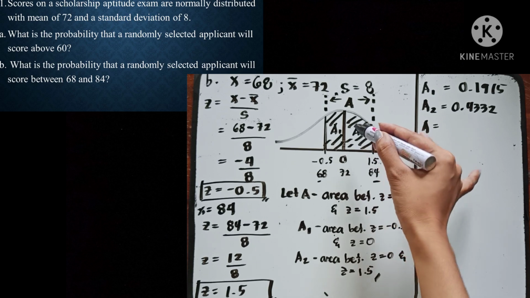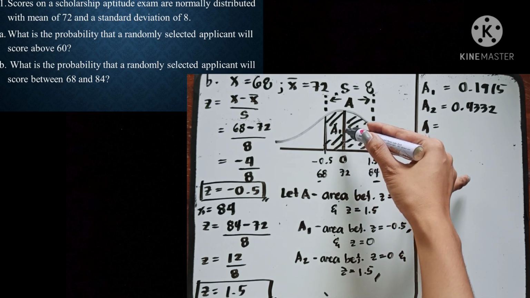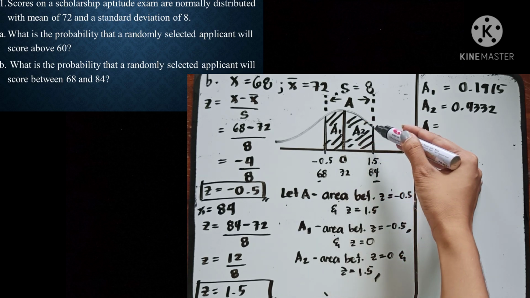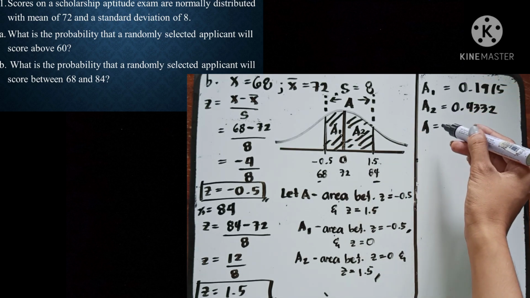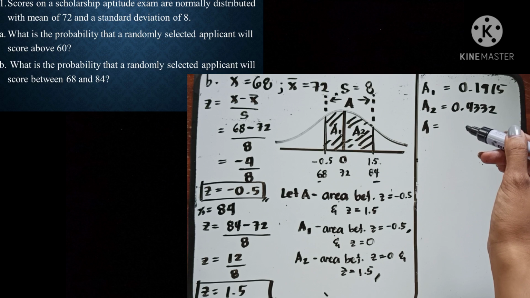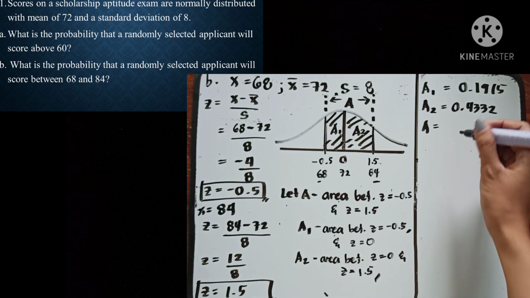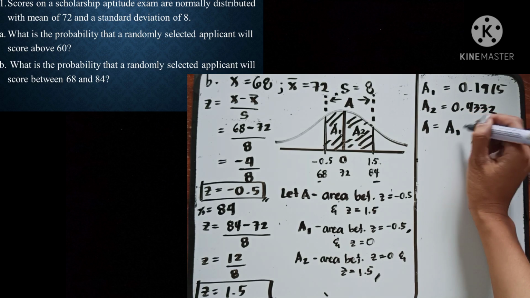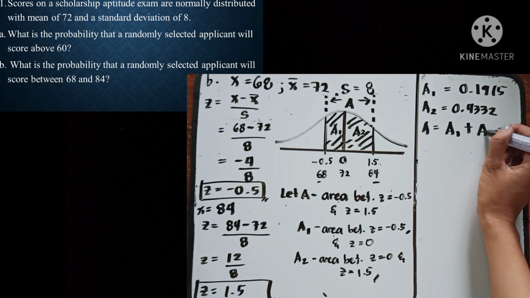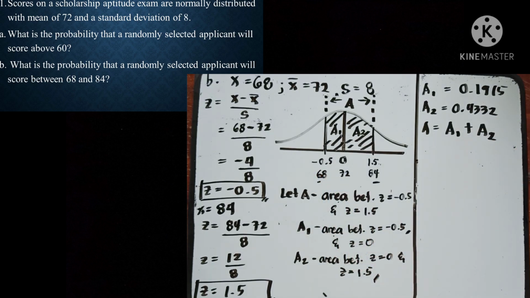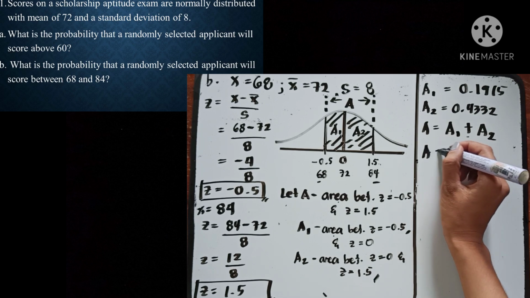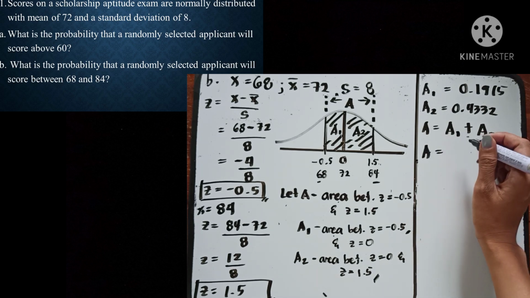So, ngayon, ano yung value ni A? Yung A natin is pinagsamang A sub 1 at A sub 2. So, ngayon, meron tayong value ni A sub 1, meron tayong value ni A sub 2. So, to find the value of your A, that is A sub 1 plus A sub 2. So, dalawang side yung nakuha natin kay normal curve. Kaya po, yung operation natin is addition. Okay? So, A is equal to, just substitute yung A sub 1 and A sub 2.